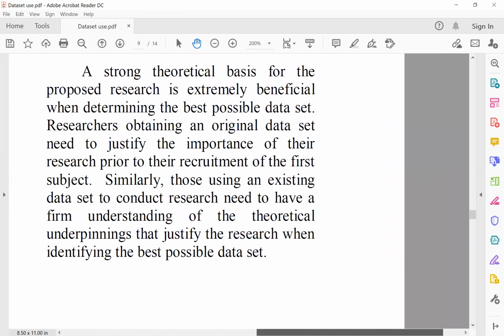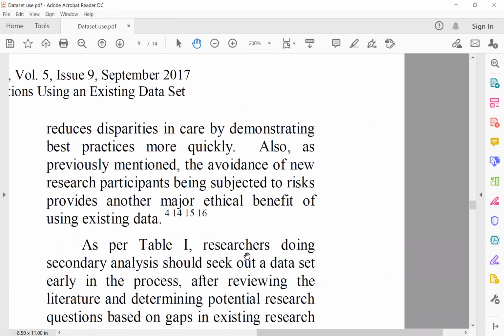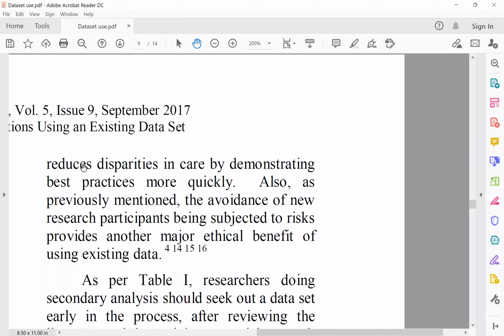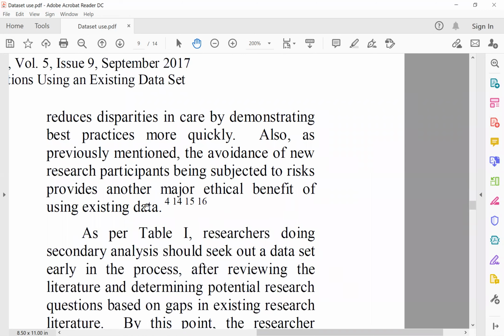Using existing data reduces disparities in care by demonstrating best practices more quickly.